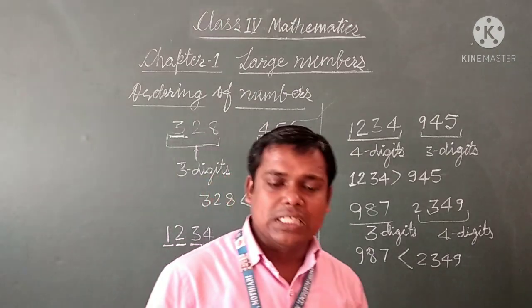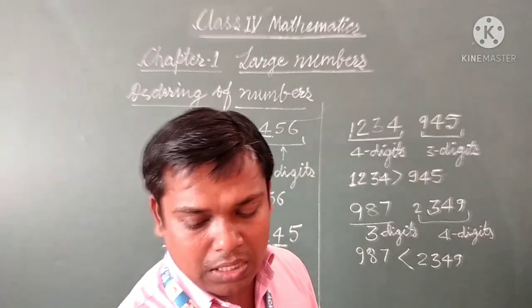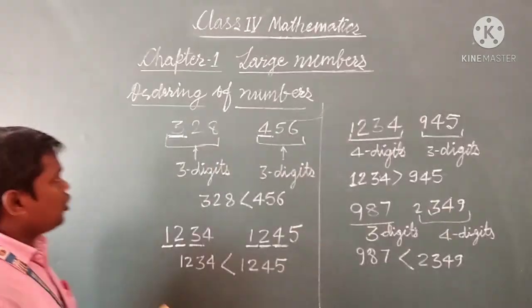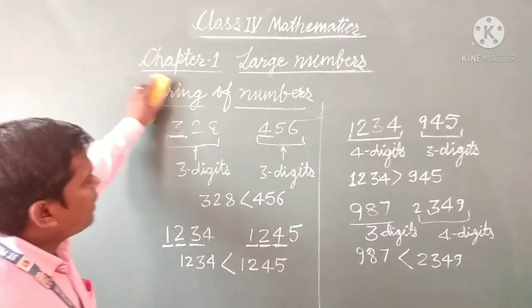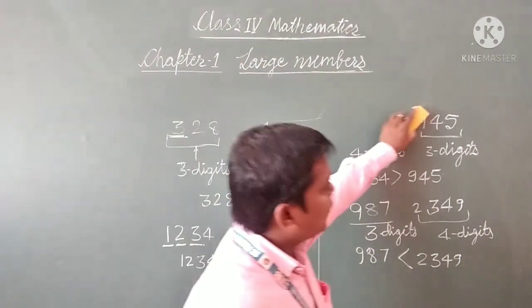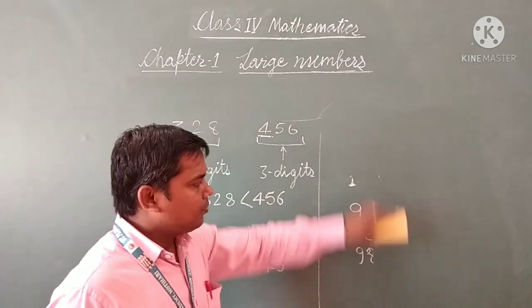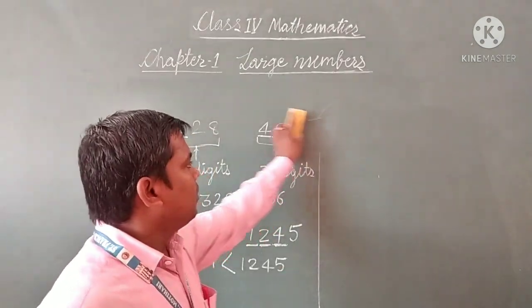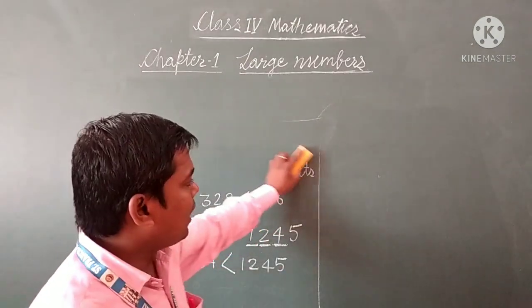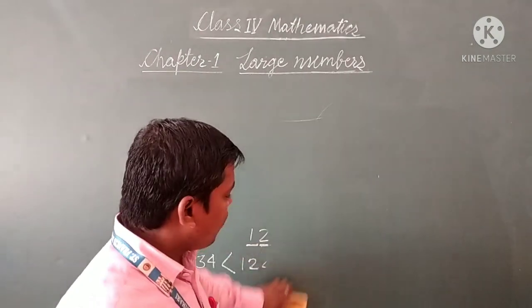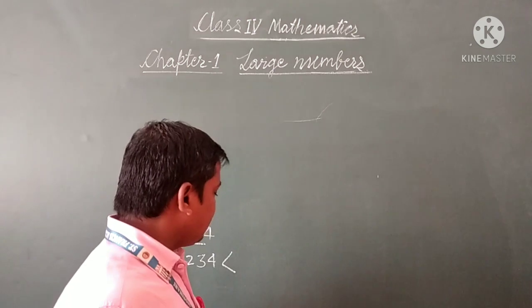Our next topic is the formation of numbers when digits are given. You know that we have 10 digits from 0 to 9.